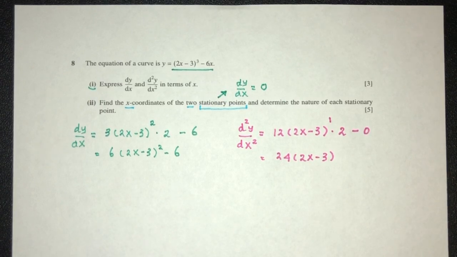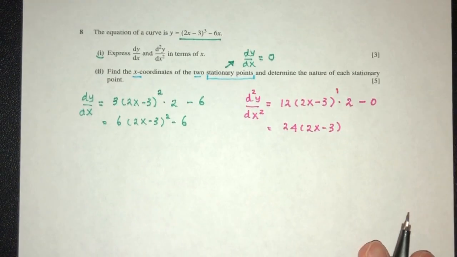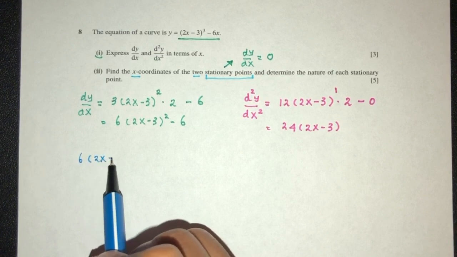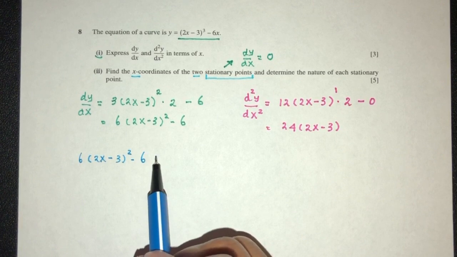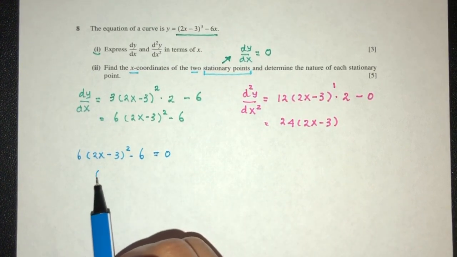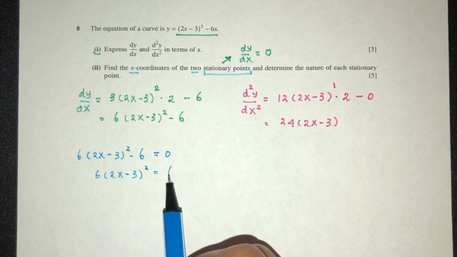Whenever we hear stationary points, we have to think about dy by dx equal to 0. So let's find those. We have 6 (2x minus 3) squared minus 6. This is dy by dx. Equate that to 0. You will have 6 (2x minus 3) squared equals 6.